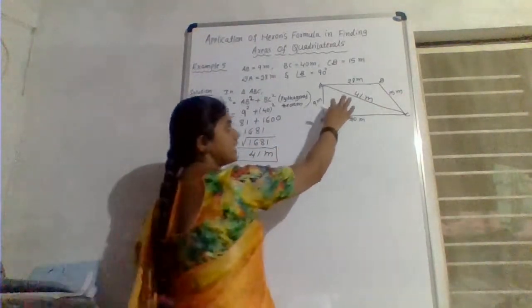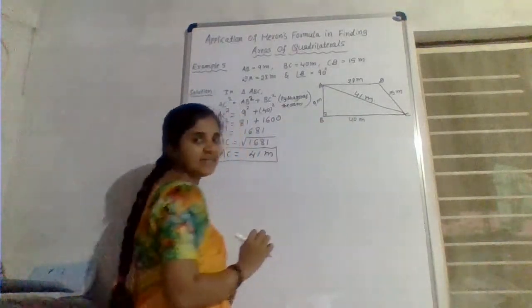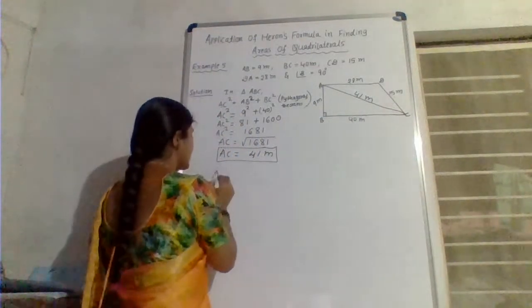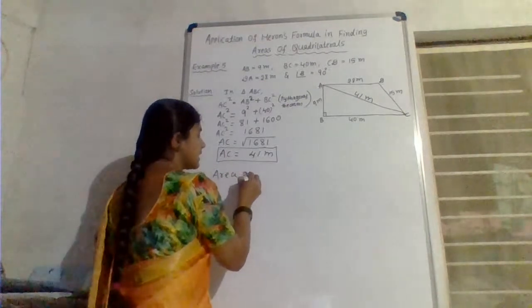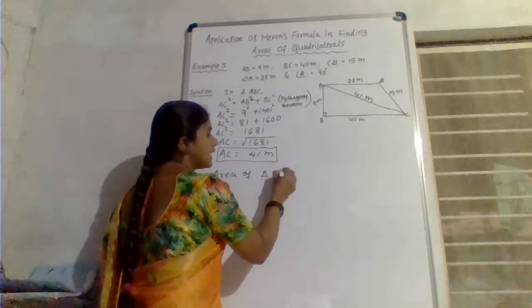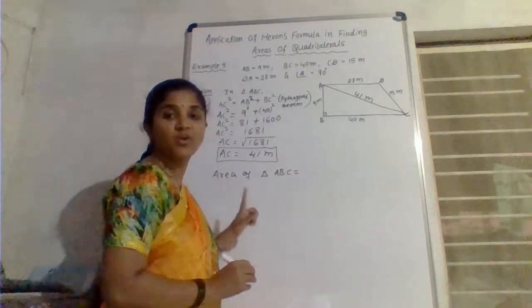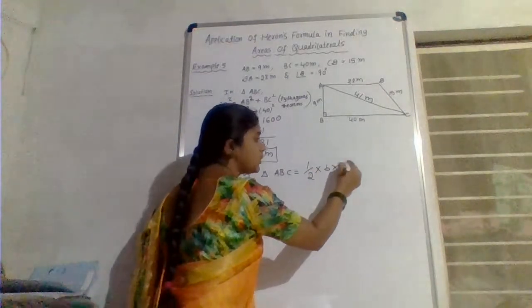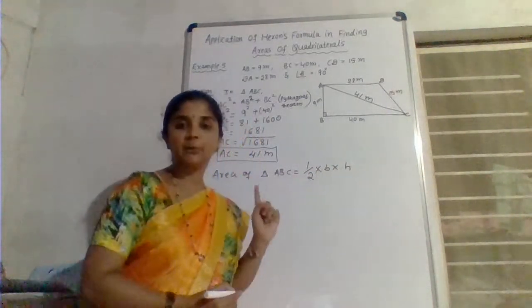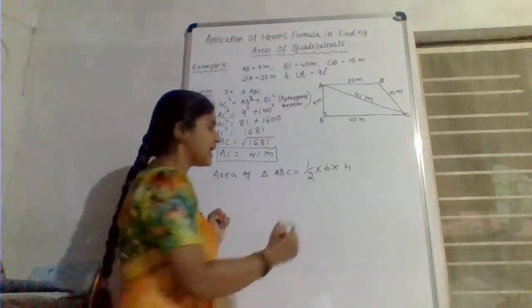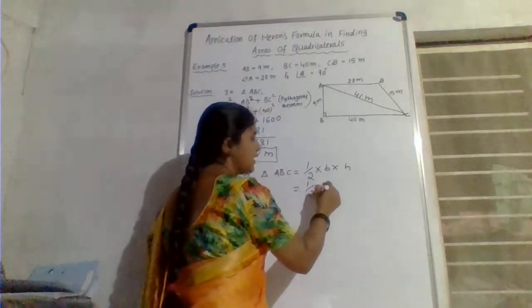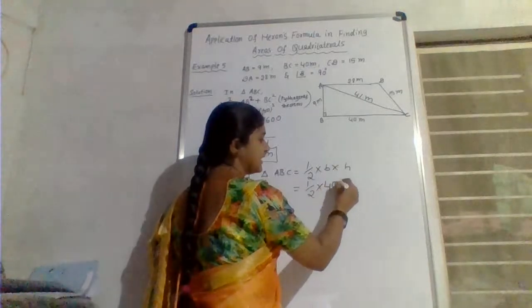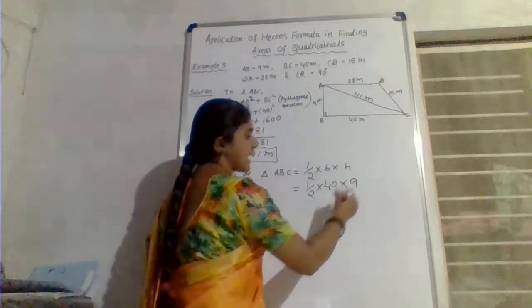Now I am going to work out triangle ABC first. Area of triangle ABC is equal to, what is the formula? Half into base into height, half into B into H. Half into base, which is 40, into height, which is 9.